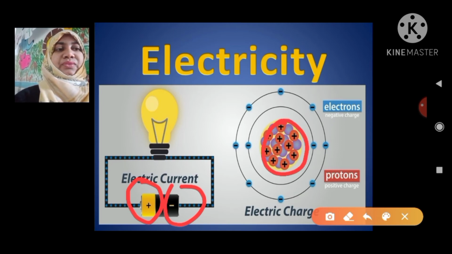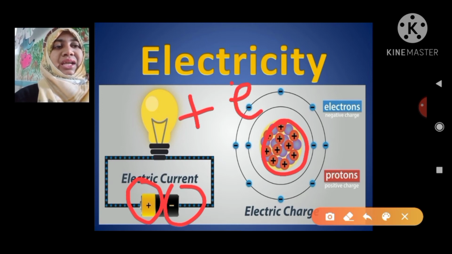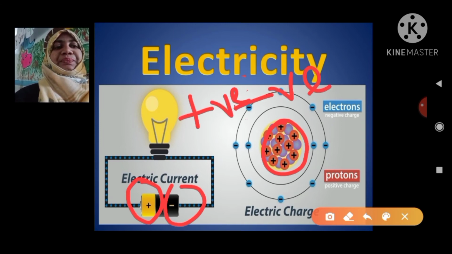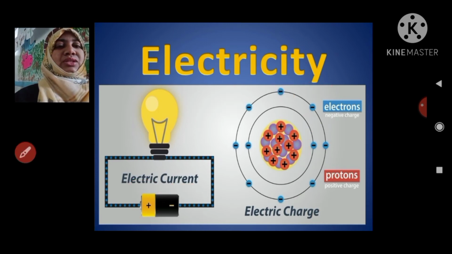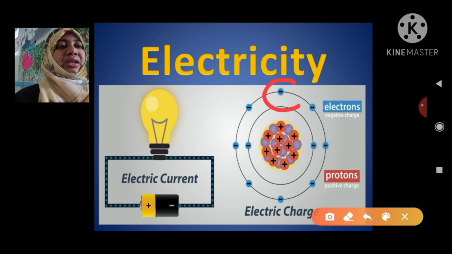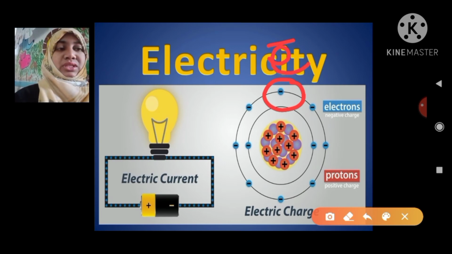The nucleus will have positive and negative charges. Now as you can see, there is a negative sign, and the negative sign is nothing but the electrons.